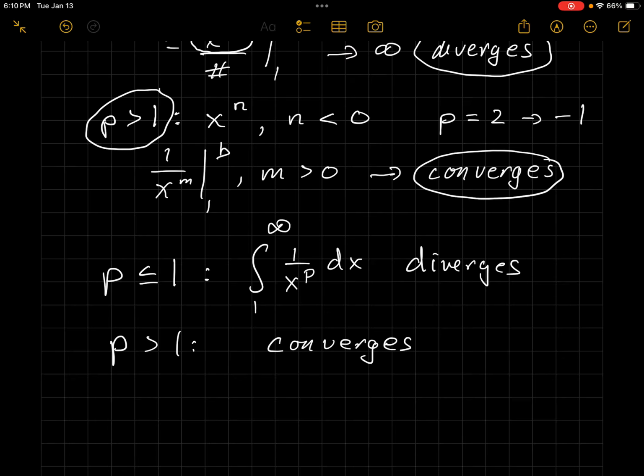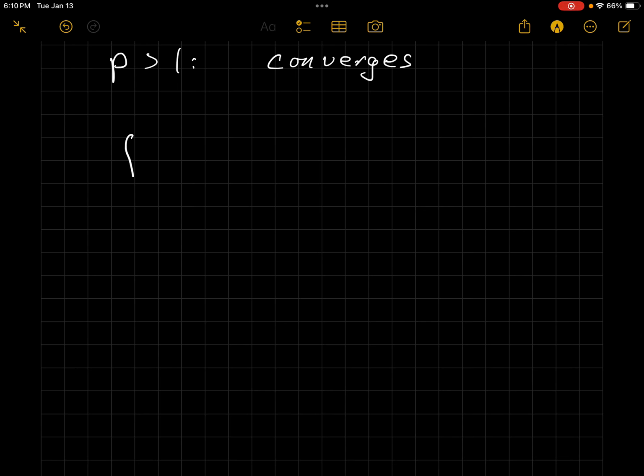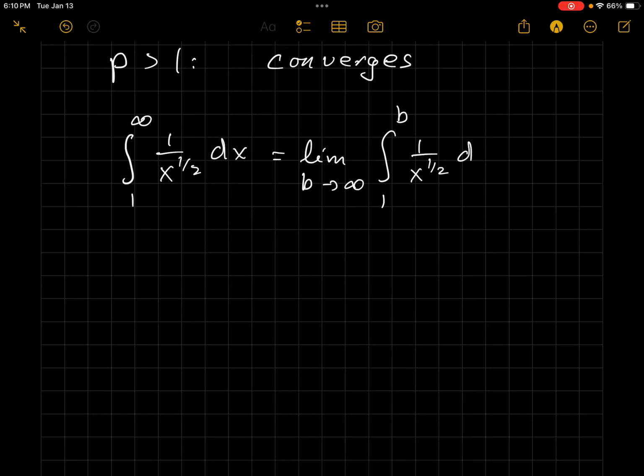If that didn't quite make sense, let's do a couple quick examples. What if we have 1 over x to the 1/2 from 1 to infinity? I'll run through the technicality kind of quickly. We get the limit as b goes to infinity of the integral from 1 to b. Now when we integrate, remember this is really x to the negative 1/2.